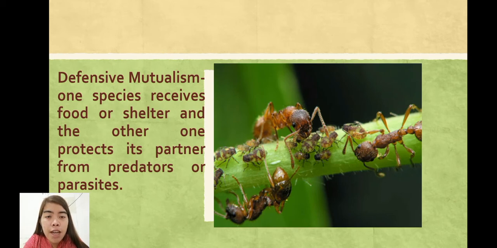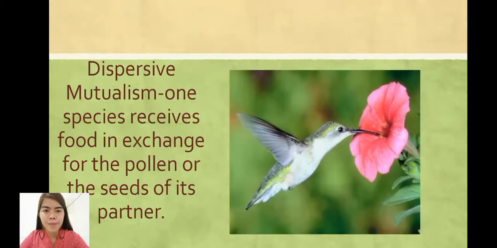So naka-benefit ng food yung ants. Okay, in exchange, the ants protect the aphids. Pinoprotektahan ng ants yung aphids from predators and parasites. So, di ba? Silang dalawa is naka-benefit sa isa't isa. Yung isa food, tapos yung isa naman is from predators. Kasi pinagtatanggol sila ng ants. So, therefore, that is defensive mutualism. From the word defensive.